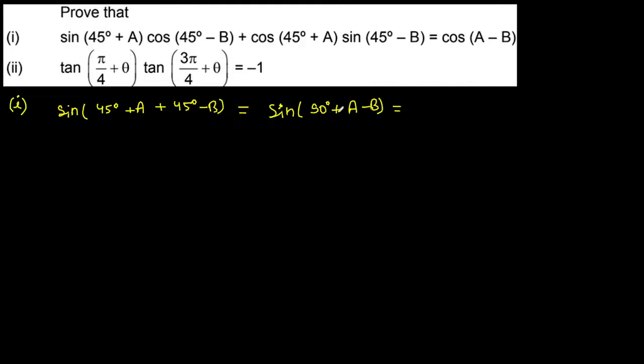So sin (90 plus theta) is cos (A minus B). Very simple question.